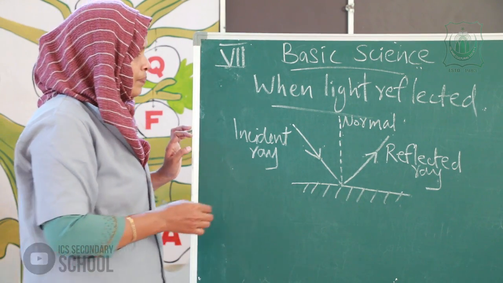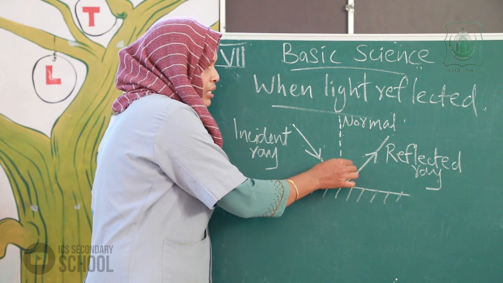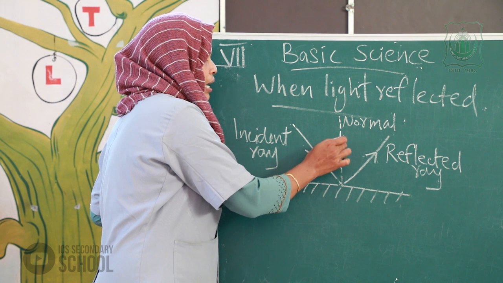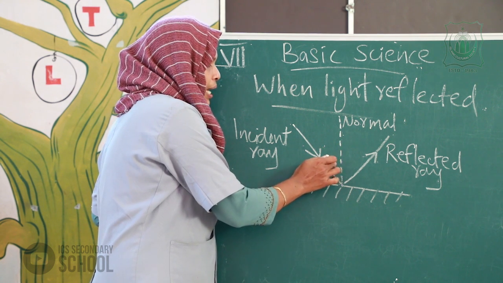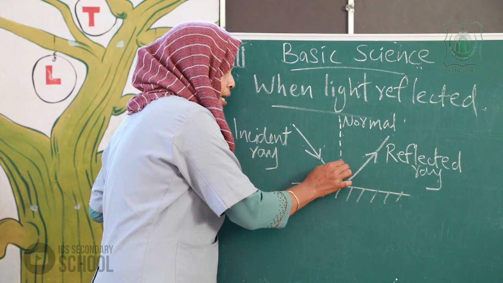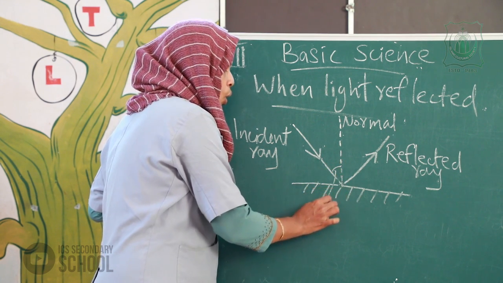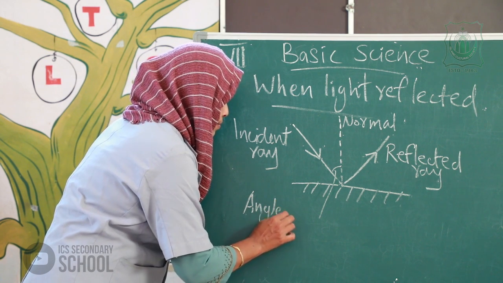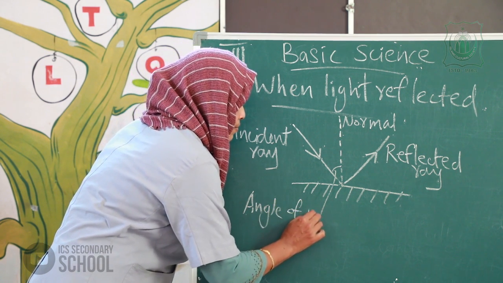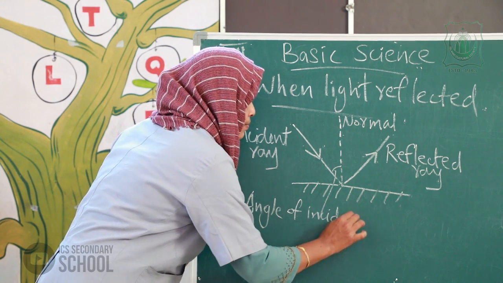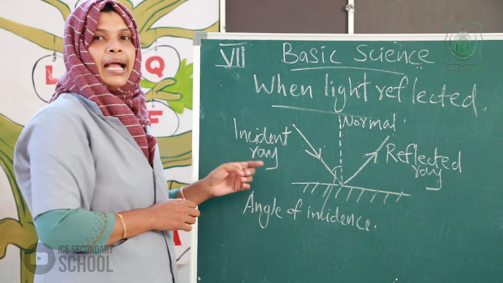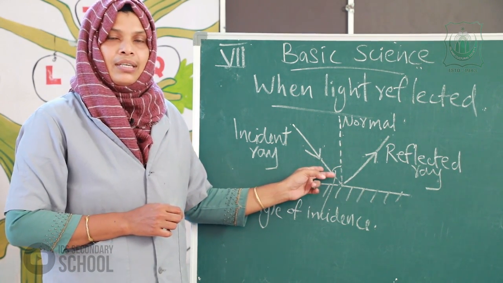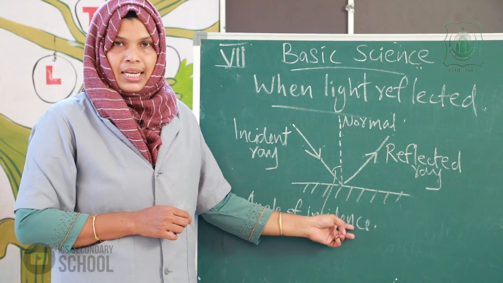Then next, the angle between the normal and the incident ray is known as the angle of incidence.